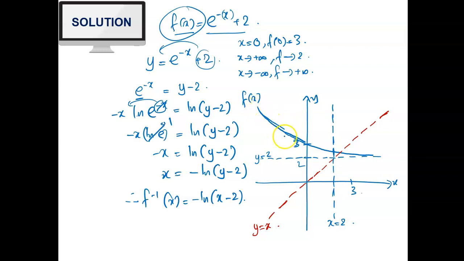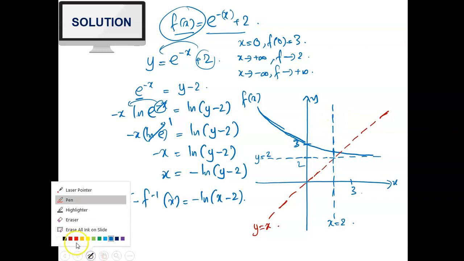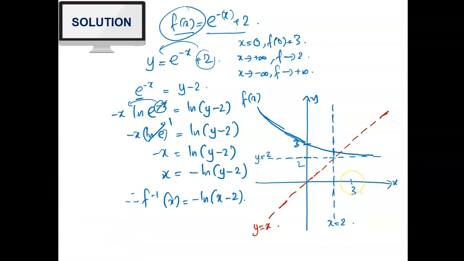The graph cuts at y equal to 3, and just imagine that if we bring this to this side, the graph cuts at the point of x equal to 3 here. And then the graph slides down, approaching the line of y equal to 2. So just imagine that here the graph slides, approaching the line of x equal to 2. So now, okay, something like here.